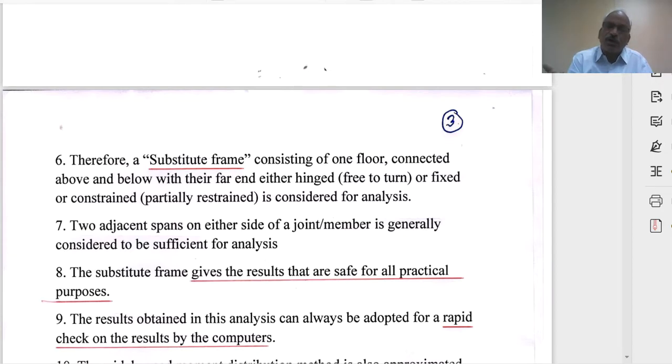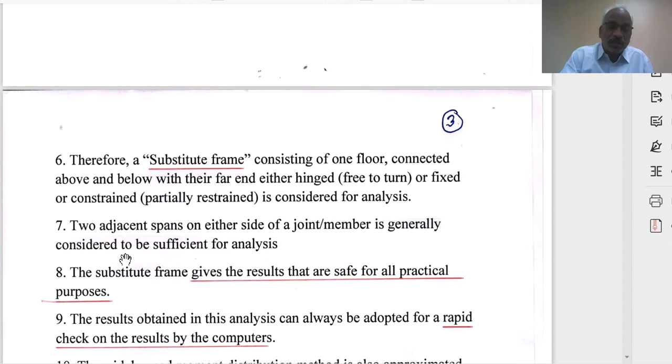Or if you want to find out the maximum bending moment, positive or negative, in a span, in a beam, right? Maximum positive or maximum negative moment. So that span plus two spans on either side will be considered for the analysis. Other things can be just omitted when we consider a particular panel.